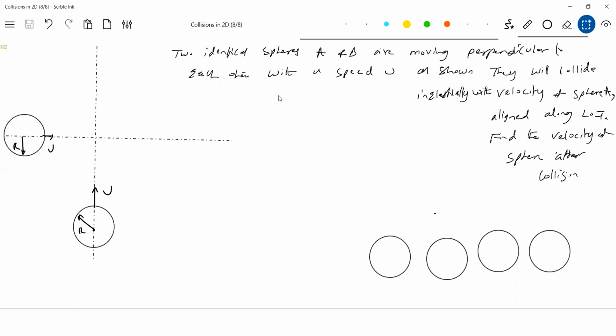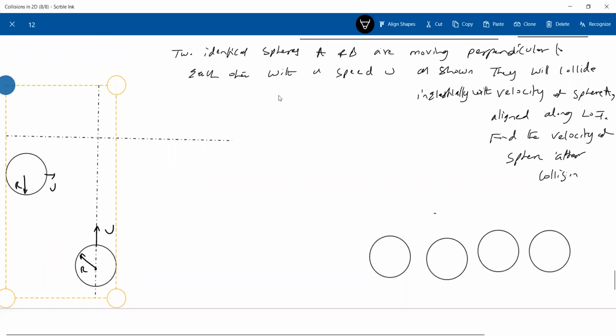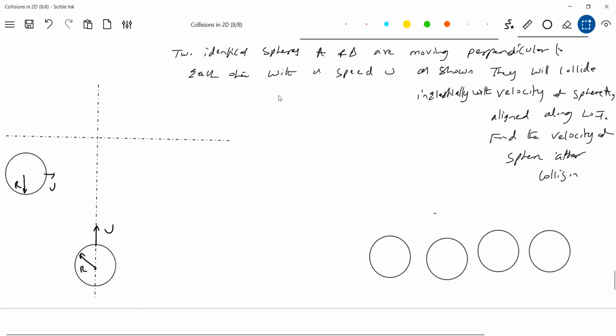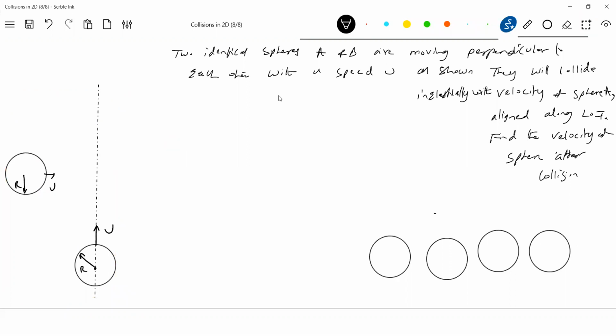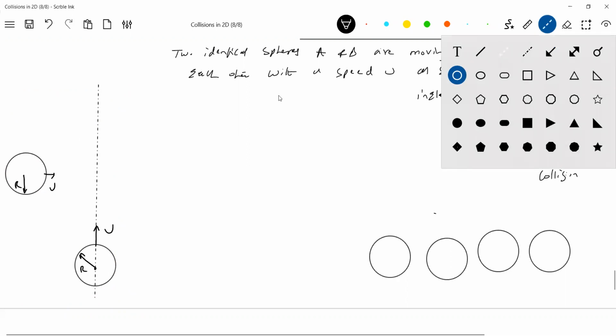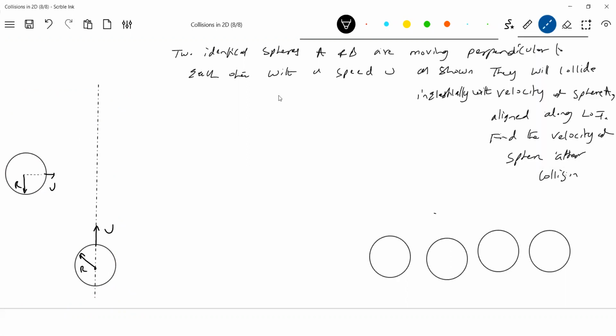So you should go for the initial diagram, the final diagram, before collision, during collision, and after collision. All these diagrams are needed. Let's go for just when they're in contact, how they will be.